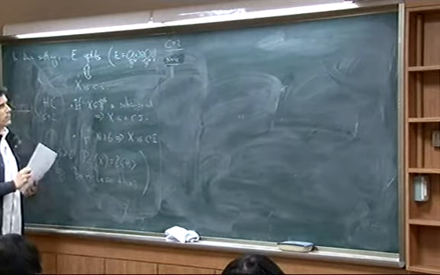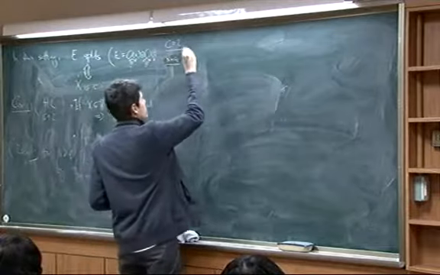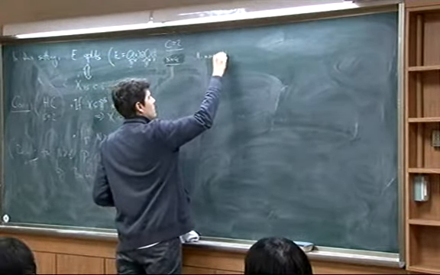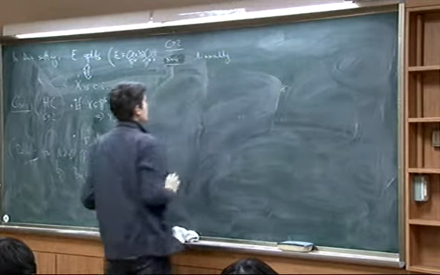Next case is n equal to 4. For n equal to 4, the first thing to consider is linear normality.